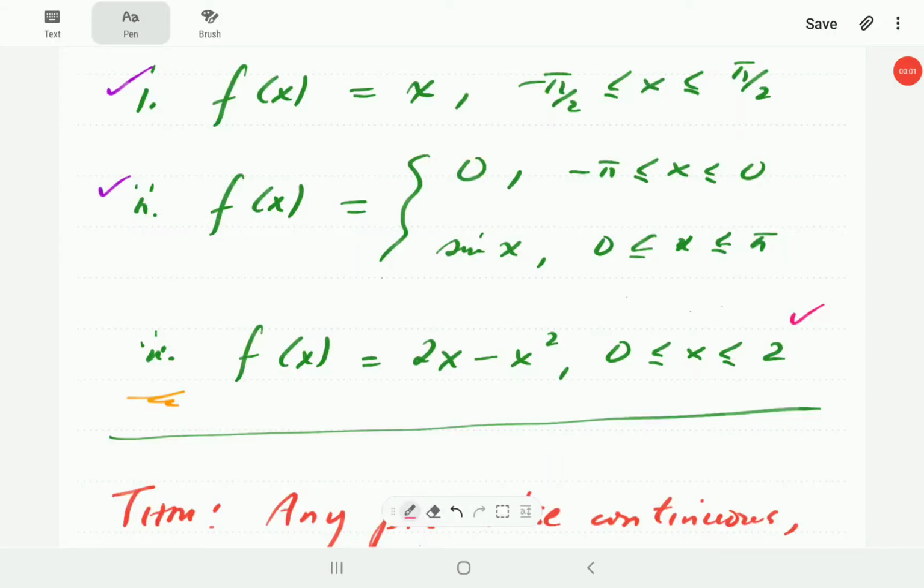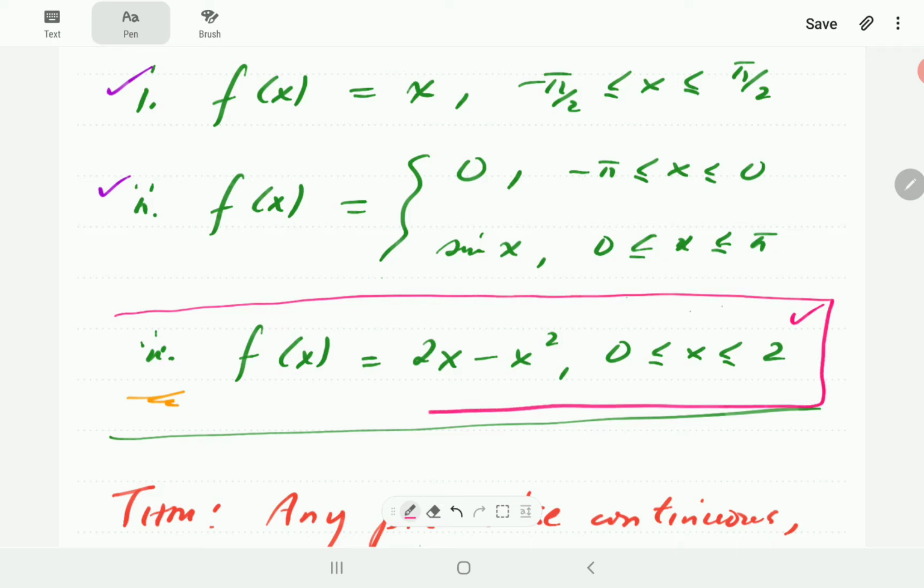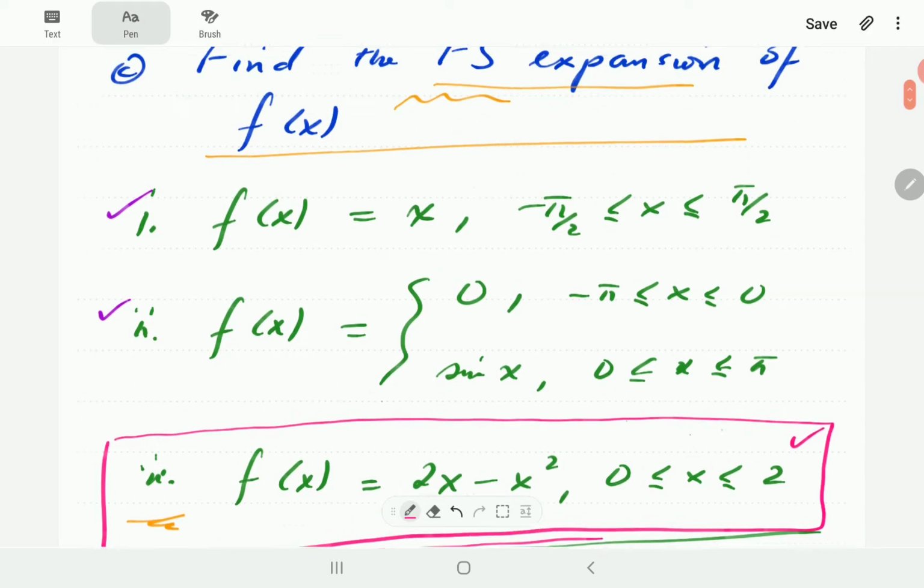Okay, in this video, the last on the full range Fourier series expansion, we're going to look at this example here. We are hoping that you have already had a go at this example, as we recommended in part 2.